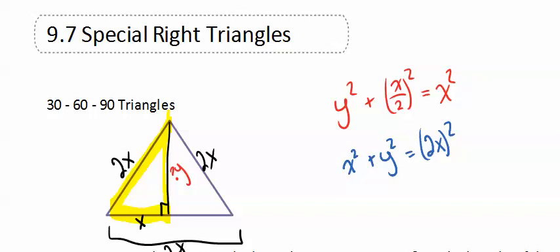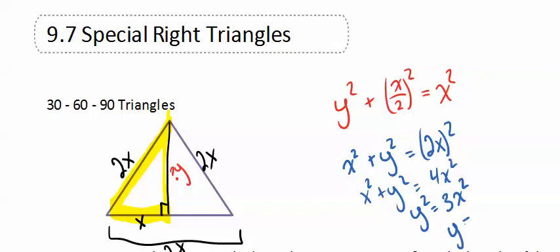If I solve for y, I'll get 4x squared over here. Y squared equals 3x squared. We're going to take the square root of both sides and get y equals plus or minus the square root of 3x squared, which equals plus or minus x square root of 3.